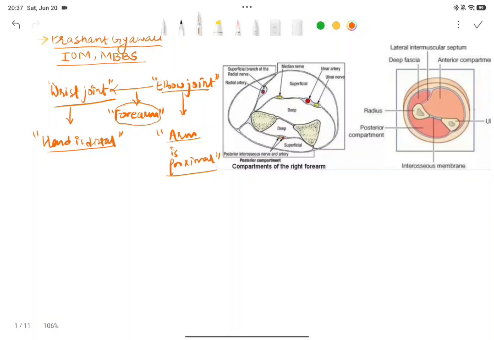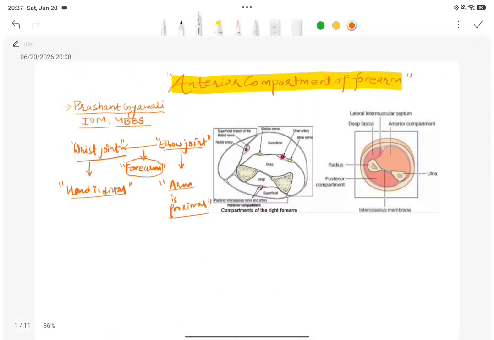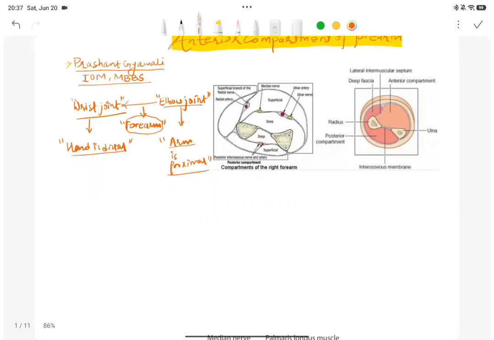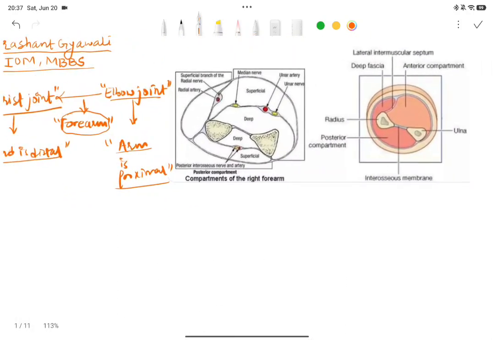So forearm is that part of the body that lies between the elbow joint and the wrist joint. Today we will cover its anterior compartment. Here, this is the lateral intermuscular septum, because it lies on the lateral side of the forearm.